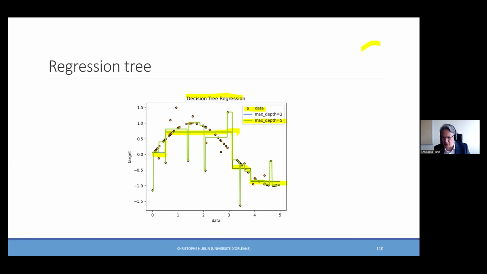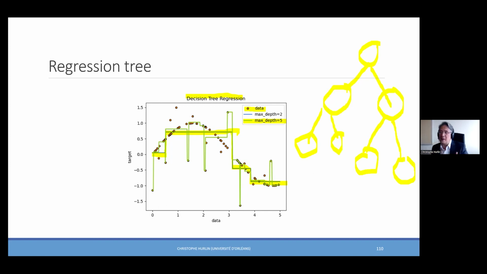Because we have a variable x1, x2 possibly, or x3, and then we have this type of model. Maybe there is no split on the left or no split on the right, but at the maximum we have 1, 2. This is the depth of my model with max depth equal to 2 here.